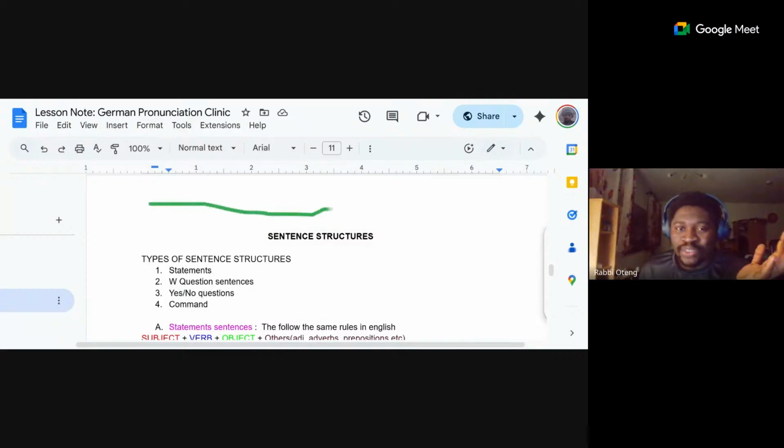If the main verb, not the helping verb, is coming after the "which", then you know that the "which" is towards the subject.